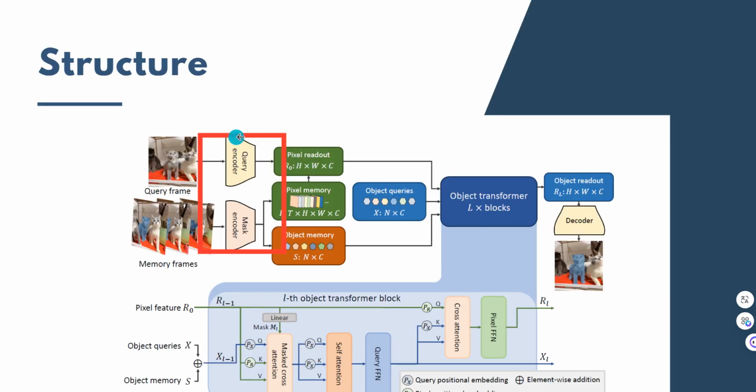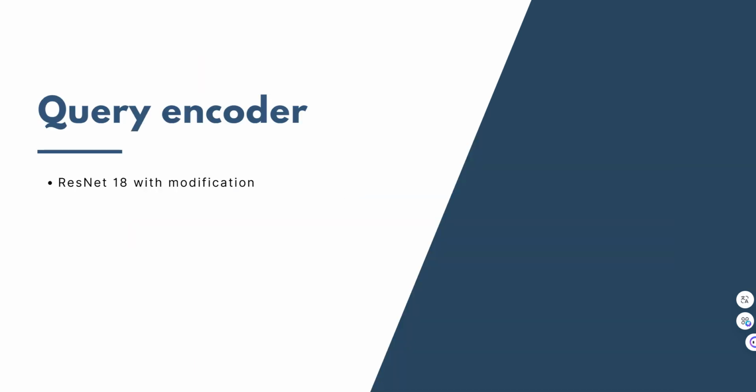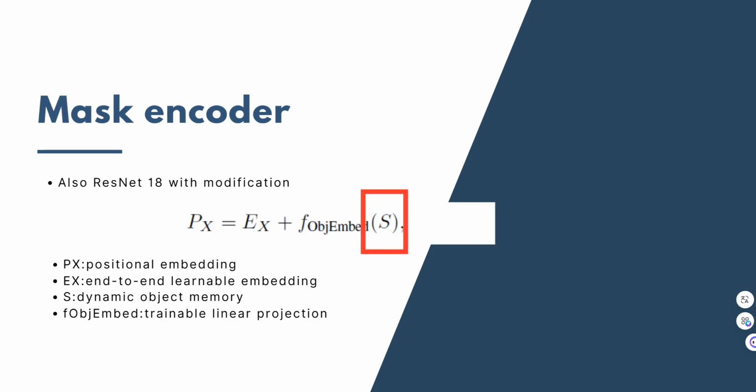First we will explain the query encoder and the mask encoder. The query encoder is based on ResNet-18 with a modification, which is discarding the last convolution layer and using the stride-16 features.